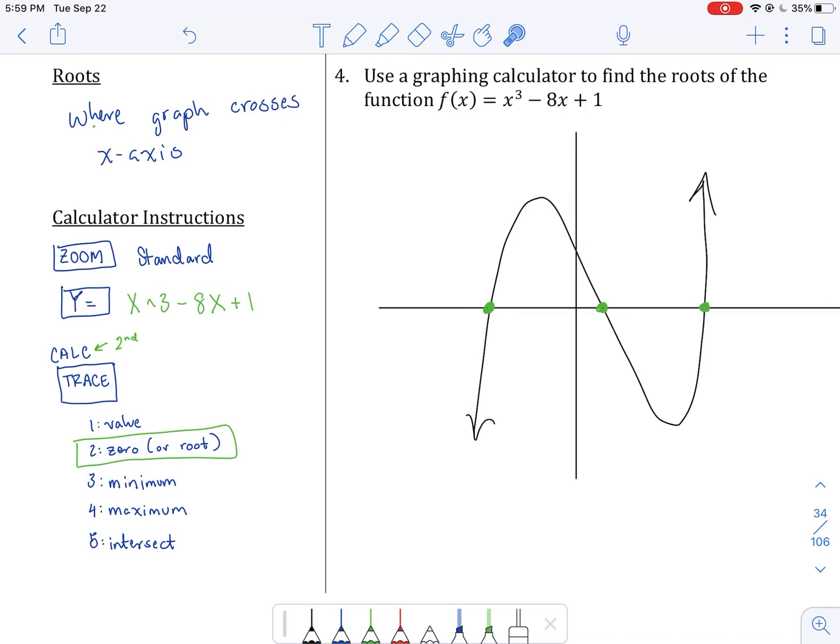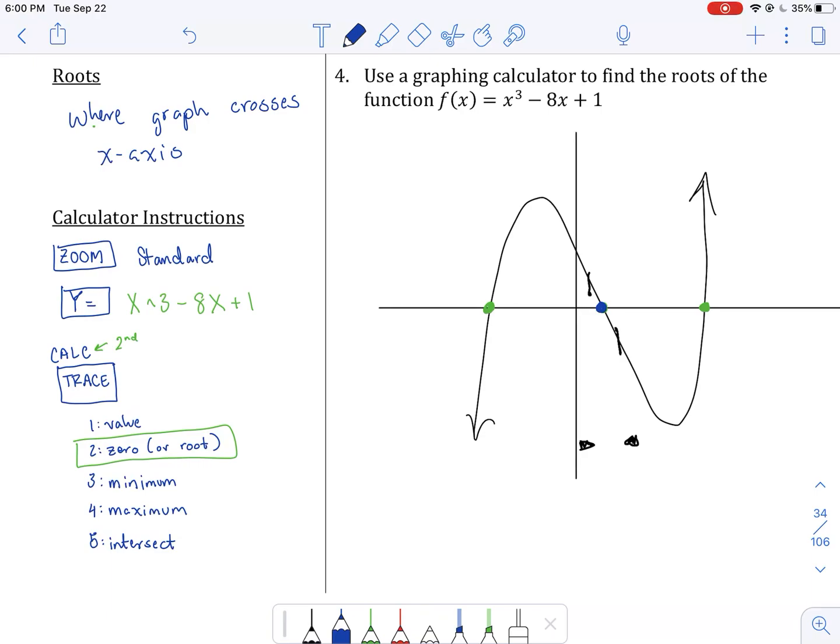But it'll start you off again, beep, beep, beep. Move it using the arrows until you have, again, a bound here and then a bound on the right. Maybe they're on the bottom on your calculator. The same applies. It's just saying, look for a root in this space. And then again, you'll click enter so that it can actually do the work.